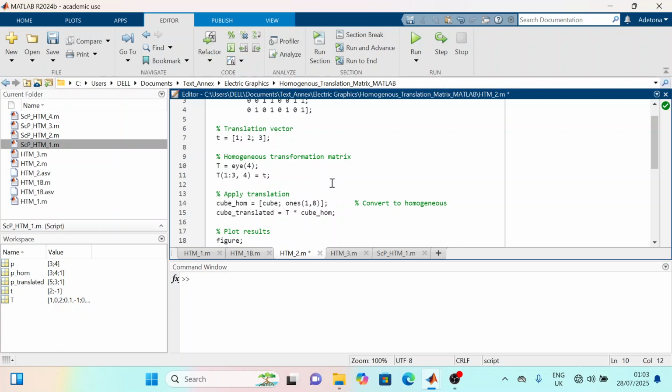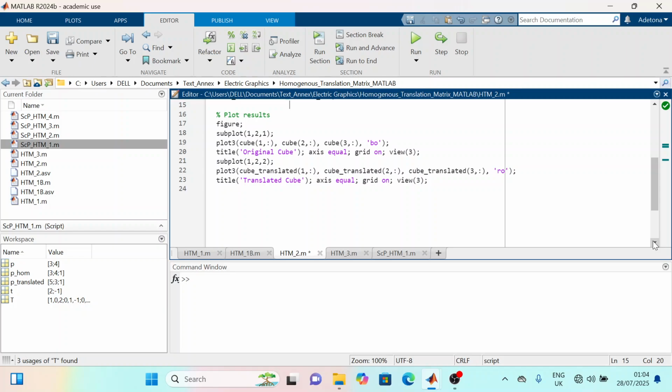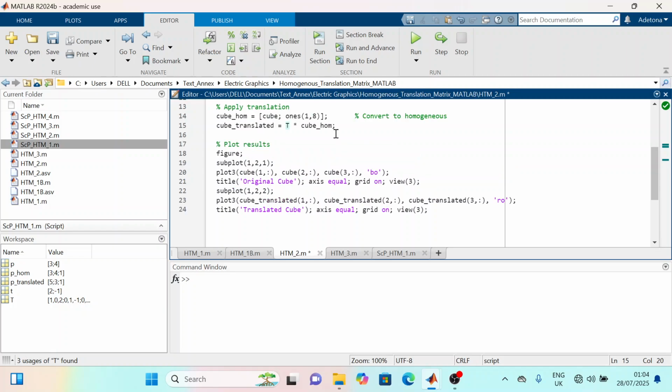And this is what we have now been able to do. We have translated the cube to this area using the homogeneous matrix that we are seeing here. But we need to see it. For us to be able to see it, we are going to put everything in a cube plot, and that is what we have now been able to do. Figure.